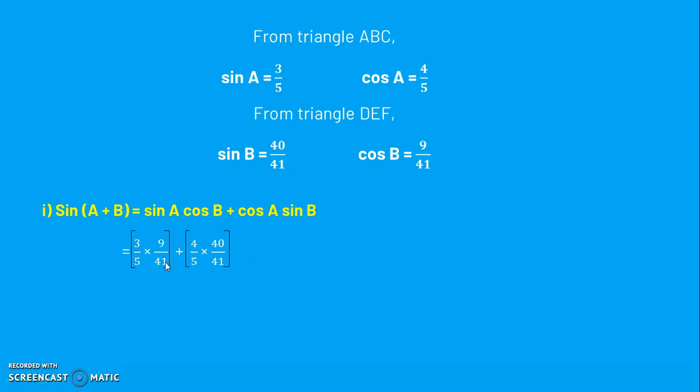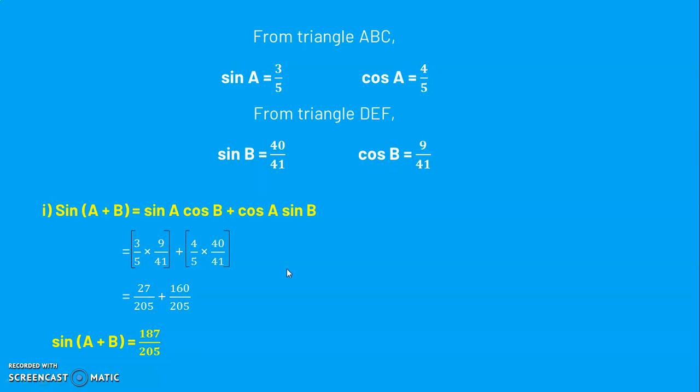So 3 by 5 into 9 by 41 is 27 divided by 205, plus 4 by 5 into 40 by 41 is 160 divided by 205. So your 27 plus 160 is 187. So your sin A plus B is 187 divided by 205.